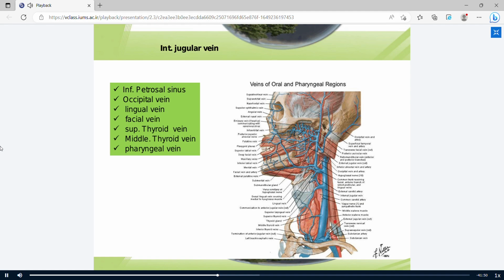For example, the superior thyroid vein drains to the internal jugular vein, the middle thyroid vein drains to the internal jugular vein, and the facial vein, lingual vein, pharyngeal vein, and occipital vein drain to the internal jugular vein. This is very, very important. You know about blood drainage in the neck and the internal jugular vein.